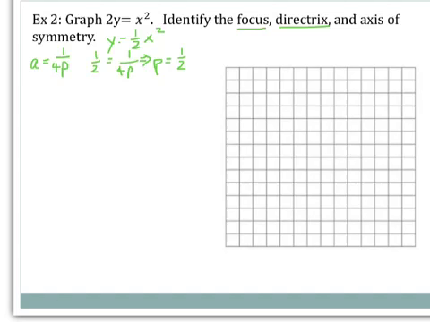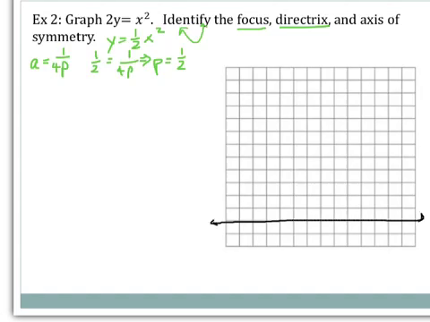So I also want to take a look at my original equation. This is positive, so it's either going to face up or right, and it's the x squared. So this is an up. Because of that, I'm going to put my x-axis pretty low.